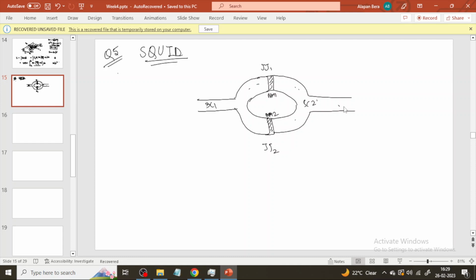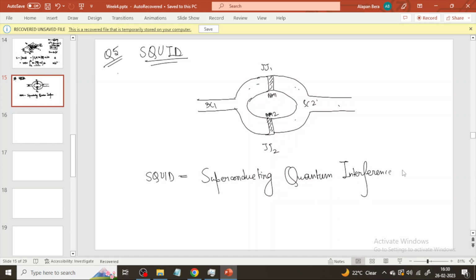This thing is called a SQUID, which is the abbreviation of superconducting quantum interference device.